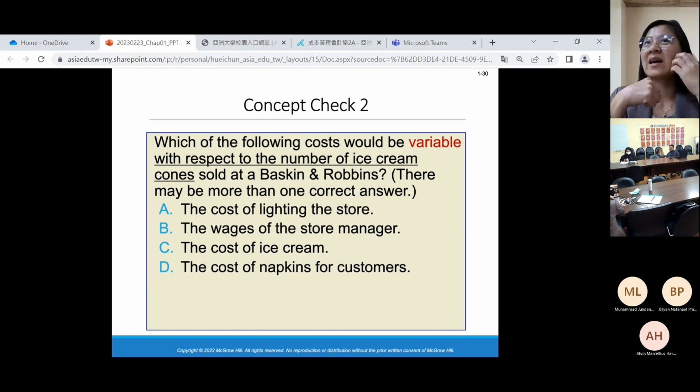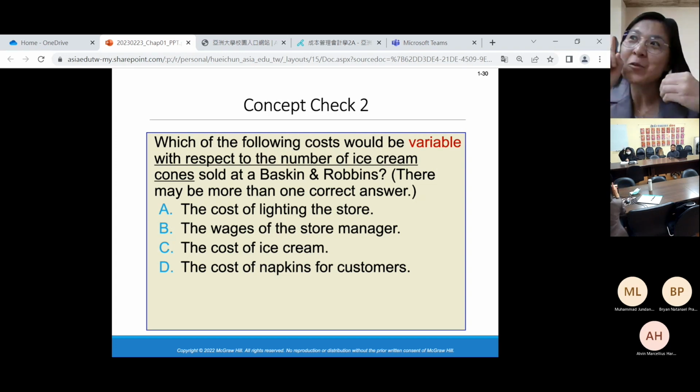So I mentioned the cost and benefit. You can say that's direct or indirect. Both are reasonable. But when you think about the cost and benefit, I think you will say that it's indirect, although every customer will take one napkin, because it's insignificant.